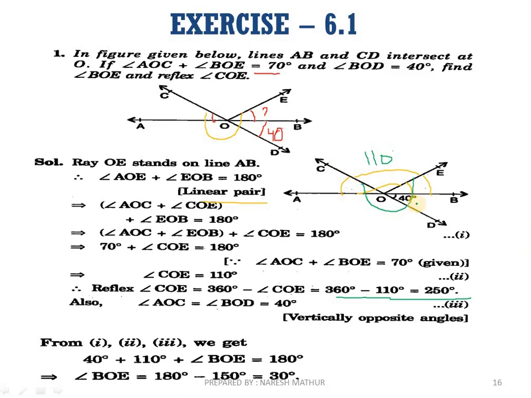Or we can say CD is also a straight line, so we have 110 and 40 here, and we can take this angle as X, so 110 plus X plus 40 should be 180, as CD is a straight line. So 110 and 40 is 150, so X will be 30 degree. So by this we have the values of both reflex of COE and angle BOE. You can choose any of the methods. Your process and method should be correct and you can find the answer.